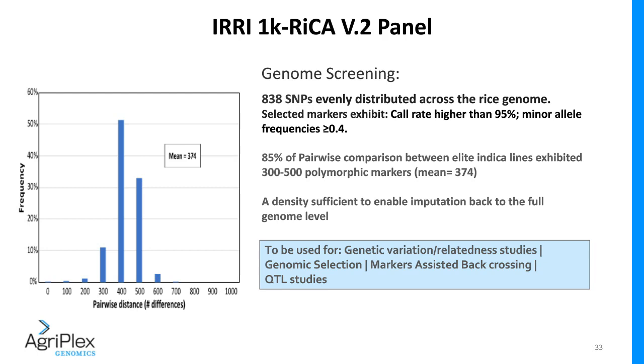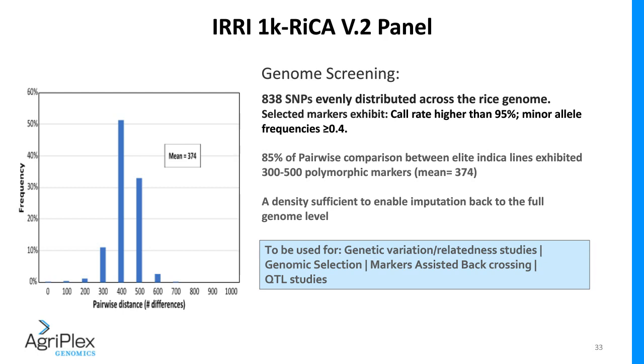They were selected on a call rate that is higher than 95%, and also on a minor allele frequency that is more than 0.4 or 40%, and that was determined by genotyping more than 1,100 IRRI indica rice breeding lines and indica released varieties.